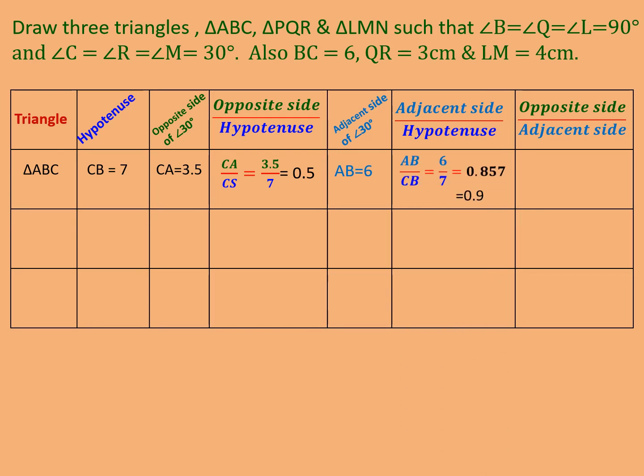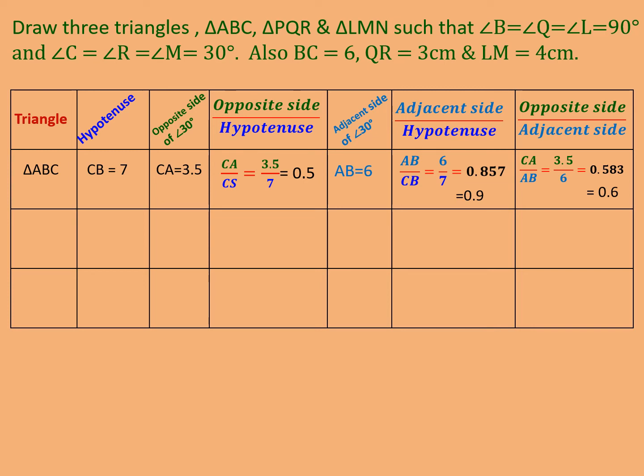We are finding the ratio AB upon CB, 6 upon 7, which equals 0.857. When we round it, it will become 0.9. So we are converting 3 decimals into 1 decimal. As you know the mathematical rule, the same thing will be applicable to all. Clear? Let us go for the next part.